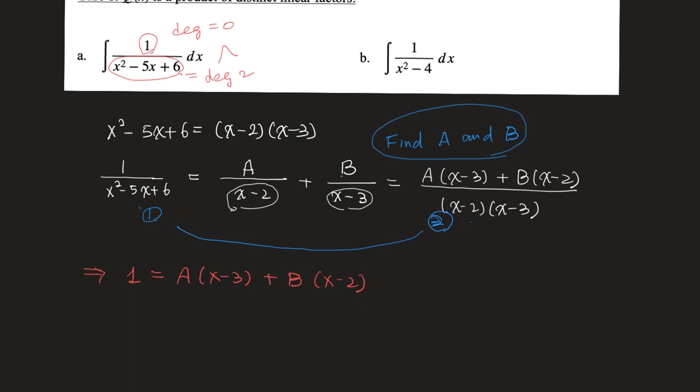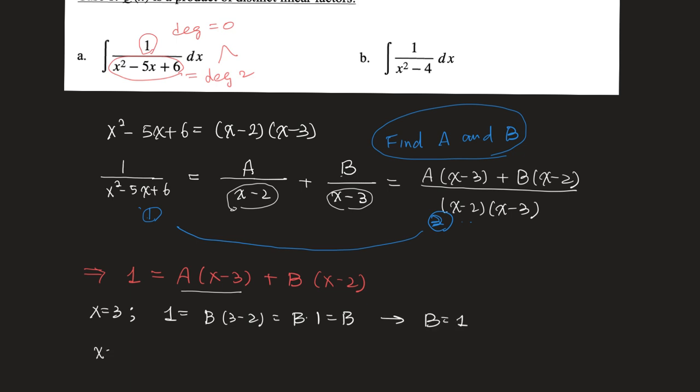In this equation you can plug in any x value, but I'm going to plug in x equals 3 on both sides. The left side is 1. On the right side, plugging in 3, this part is 0, and here it is B times (3 minus 2), B times 1, that's B. So you find the B value is 1.